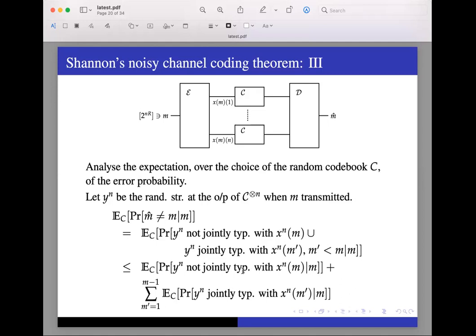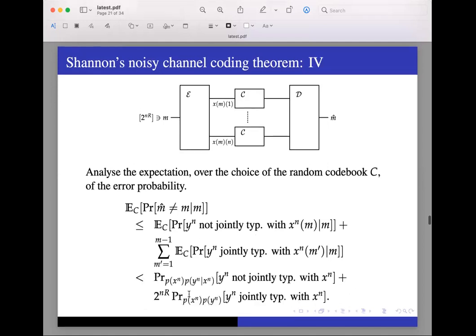So this is less than the probability that yn is not jointly typical with the true code word, plus, continuing to take the union bound, yn is jointly typical with the m prime code word, where m prime is earlier than m. You can see the summation here over all the earlier m primes. Any questions about this? Okay, let's go ahead.